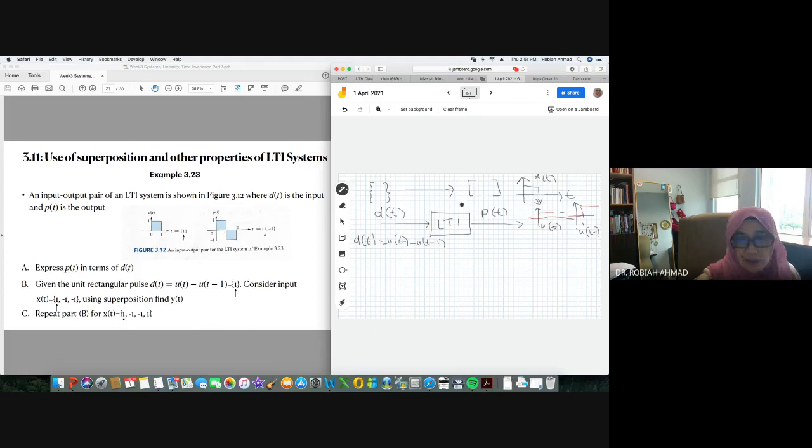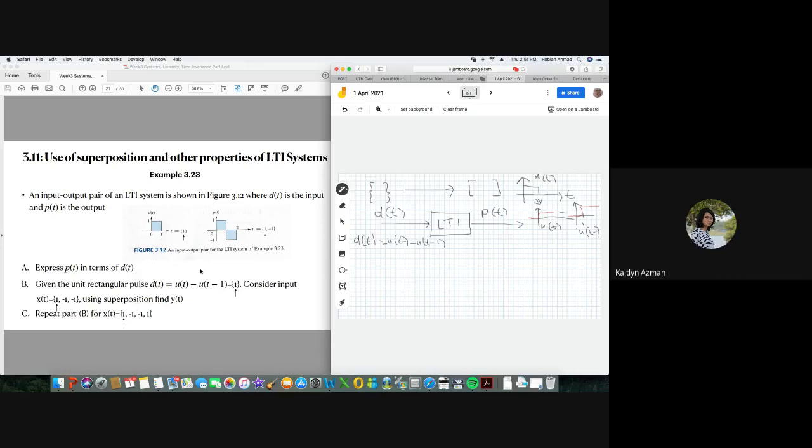Okay, so sekarang we know that our PT is here. Okay, so apa yang kita tahu pasal PT di sini? UT minus 1. Dia bagi sini adalah this one.